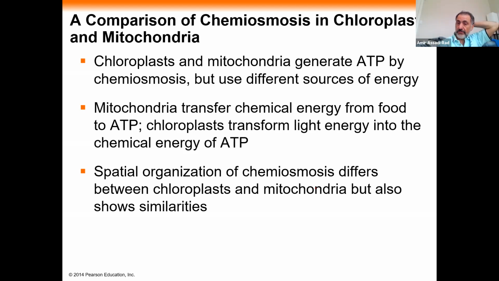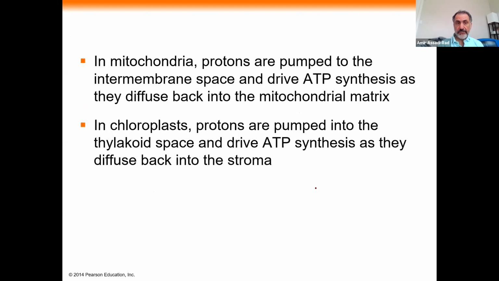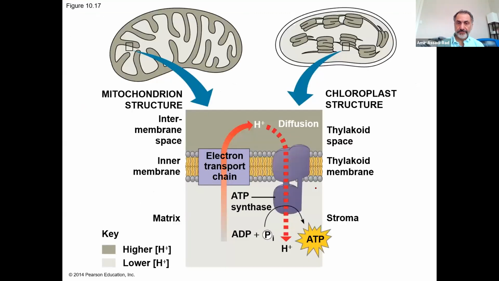Spatial organization of chemiosmosis differs between the chloroplast and mitochondria, but also shows similarities. In mitochondria, protons are pumped into the intermembrane space and drive ATP synthesis through the ATPase. In chloroplast, however, protons are pumped into the thylakoid space and drive ATP synthesis as they diffuse back into the stroma.